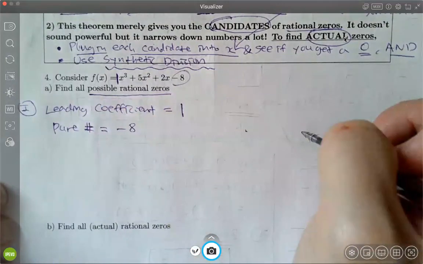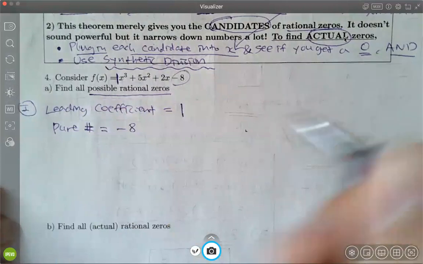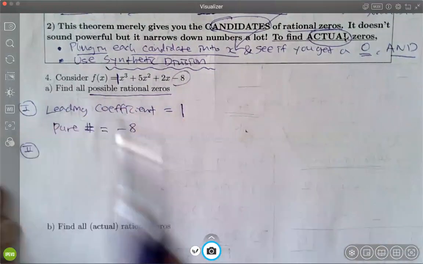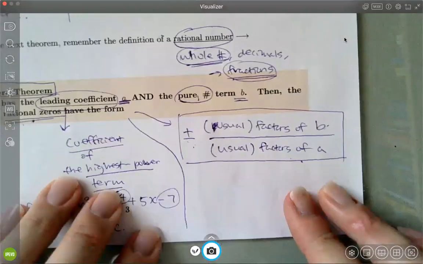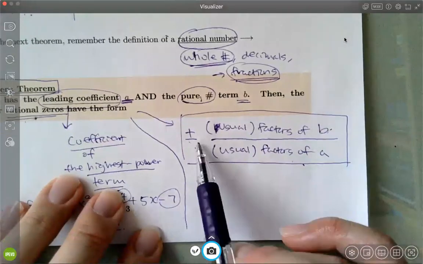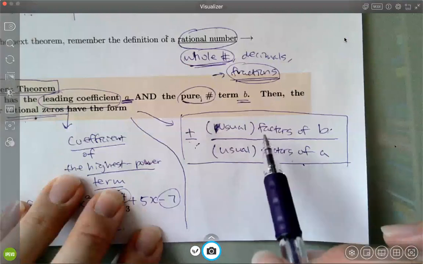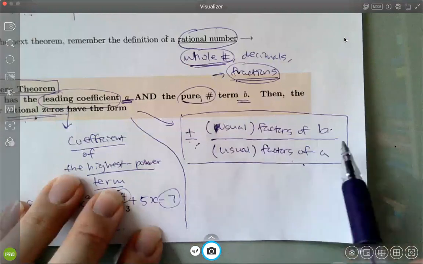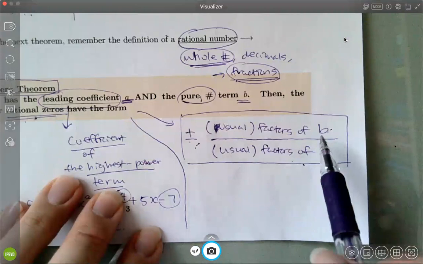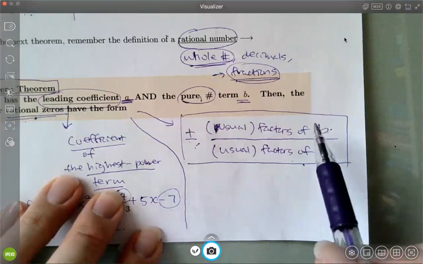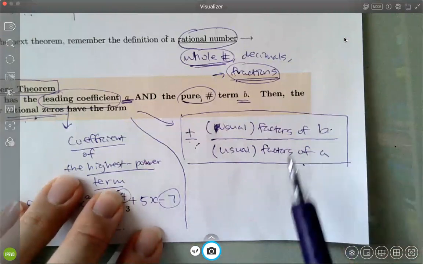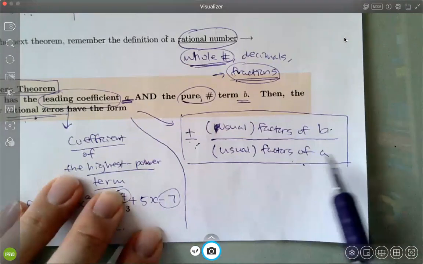Okay, so because of the rational zero theorem, what do you have? So first you have to have plus minus sign, and then the usual factors of b, which is what? The number term, right? Because the number term goes to the numerator, okay? And then divided by usual factors of the leading coefficient, which is 1, okay?